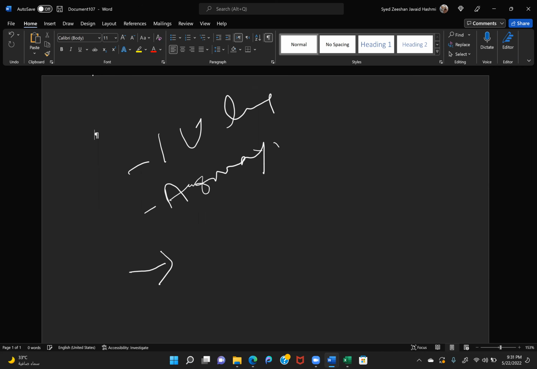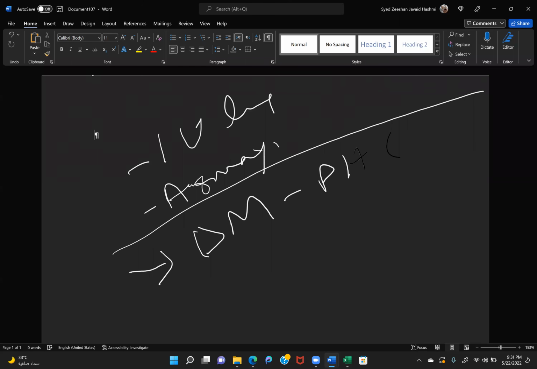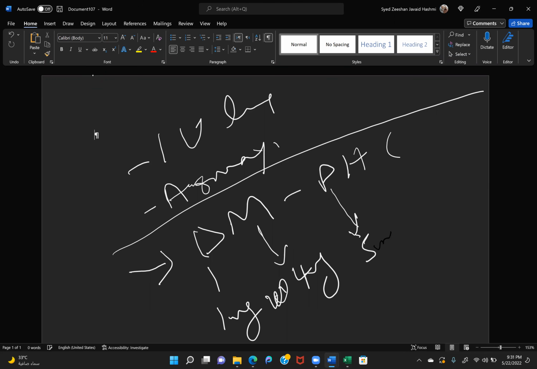I remember the mnemonic as a diabetic DM at PHC. D for dexamethasone, 1 milligram of dexamethasone. M for methylprednisolone, 4 milligram. PHC: P for prednisolone, 5 milligram.